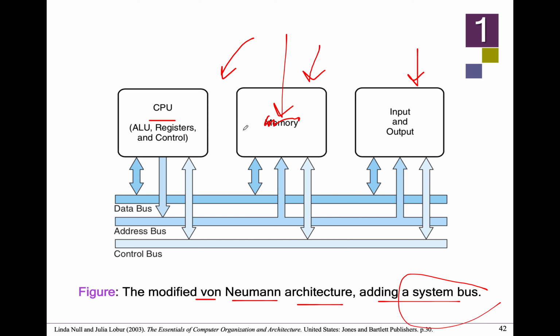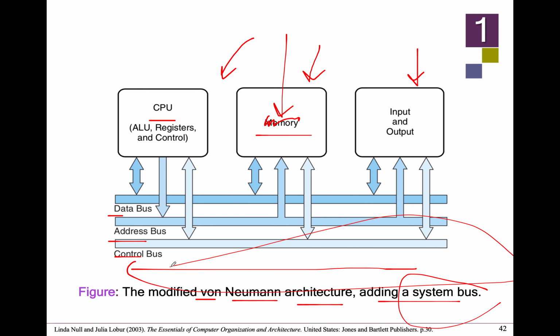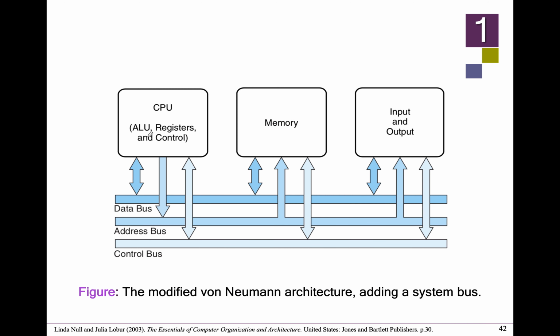The CPU can connect to the main memory and input output through their own bus systems. They cannot have only one single bus connection with all the connections, let's say data, address, and control, in one bus. No, they are divided.